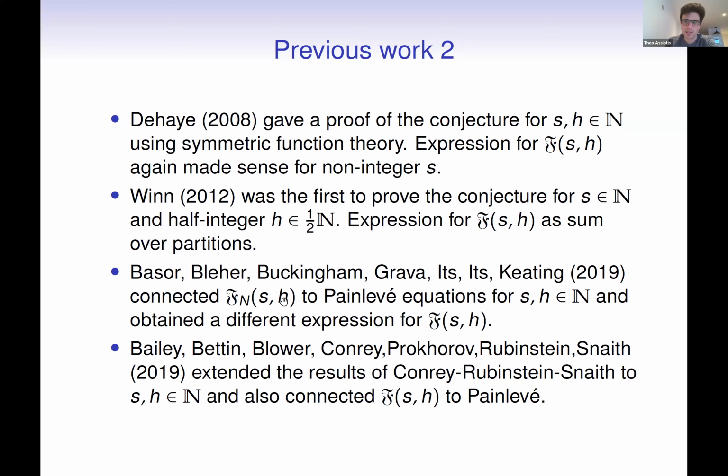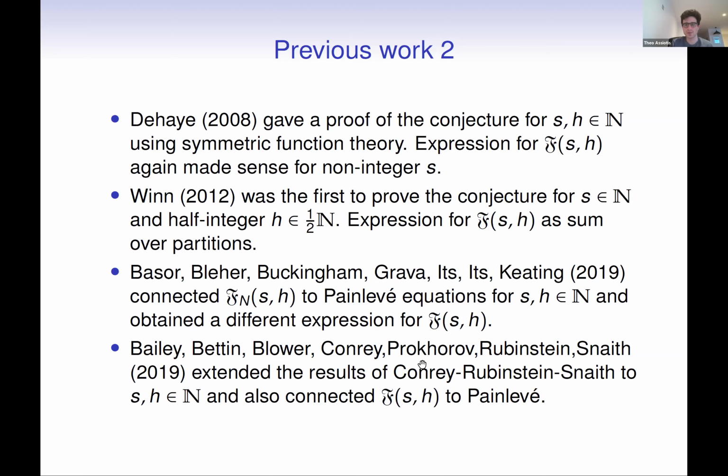And then a couple of years ago, we have 2 groups of seven authors who studied the problem again. The first group connected F_{s,h} to Painlevé equations for s and h in the limit as N goes to infinity, and got a different expression for F_{s,h}. And then this other group extended the approach of Conrey, Rubinstein, and Snaith.